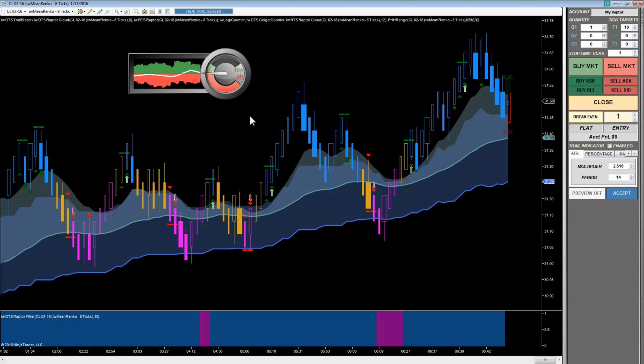But it's how these numbers relate to each other that's important. The cool thing about the Geiger counter is, let's say you took this hard edge bounce signal and you're long from down here. You've taken some pretty nice profit.